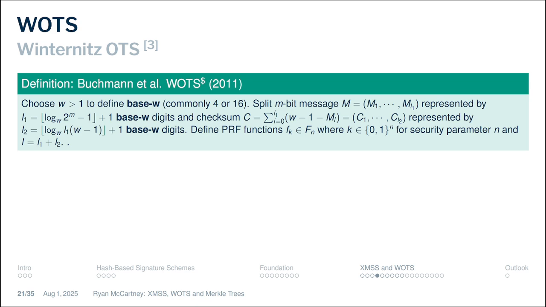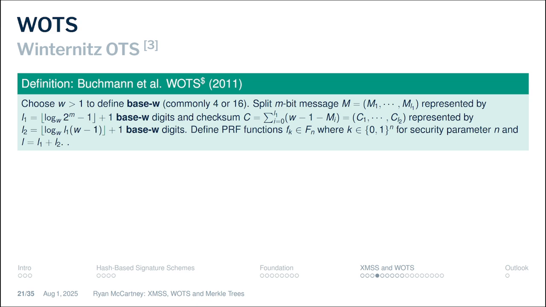We have this m-bit message that is encoded into hex, which means we now have l1 many digits, which can be calculated by this l1 formula. And we have this checksum, which is, remember, the remaining number of times you have to apply this hash function, which can be computed by l2 many base w digits. So both of these are in base w, and these will be combined into the single signature we publish.